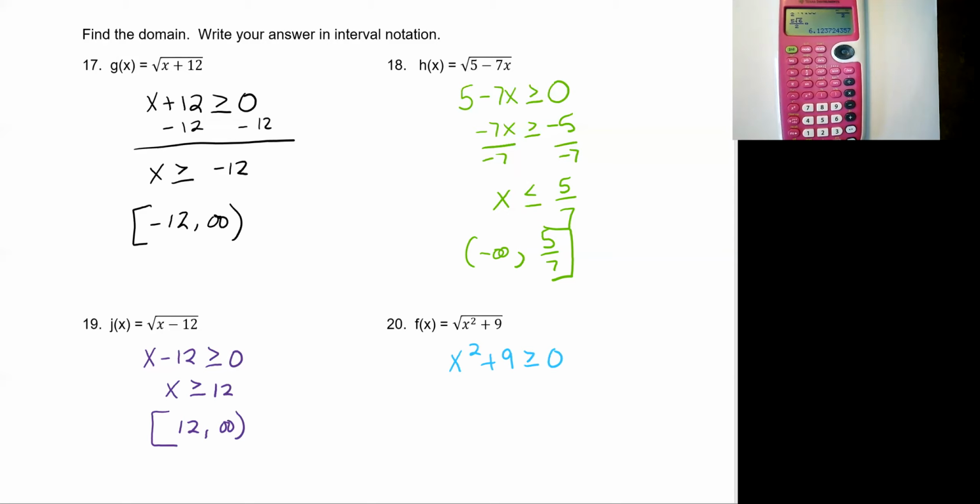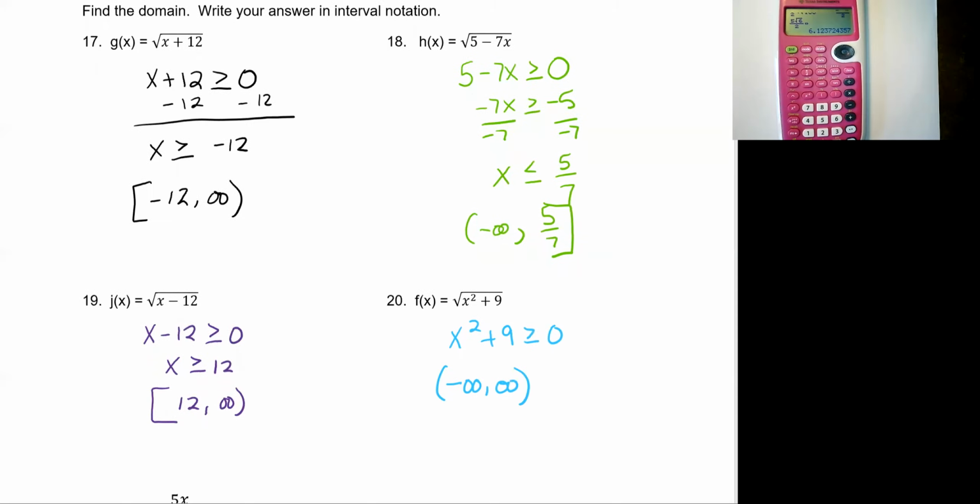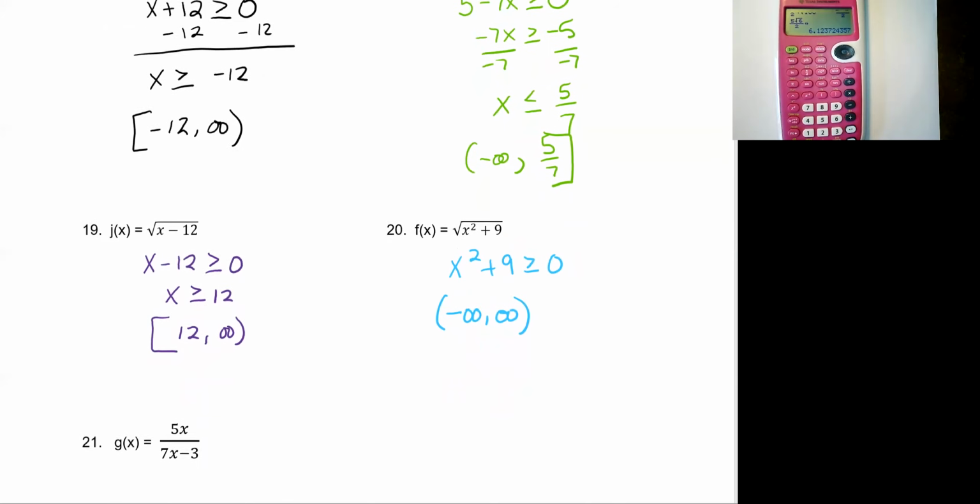Is x squared plus 9 ever going to be a negative? No. So in this case, the domain is all real numbers because there are no restrictions because we have an x squared plus 9.